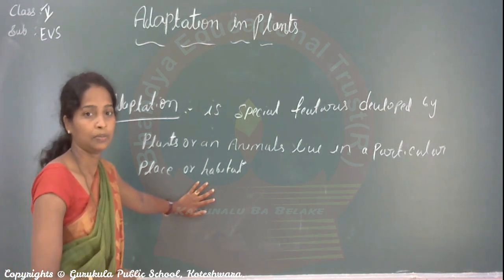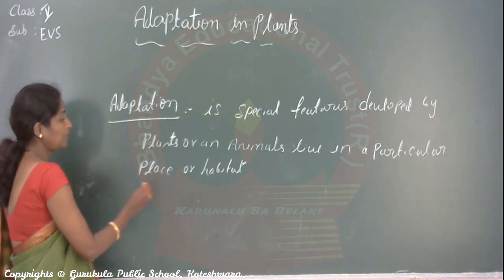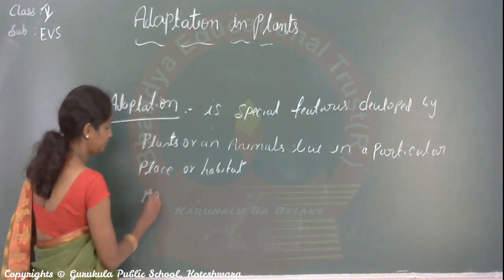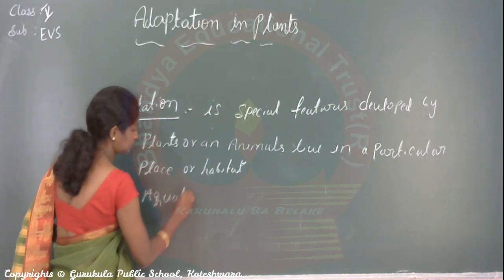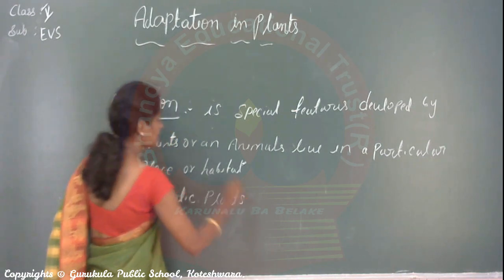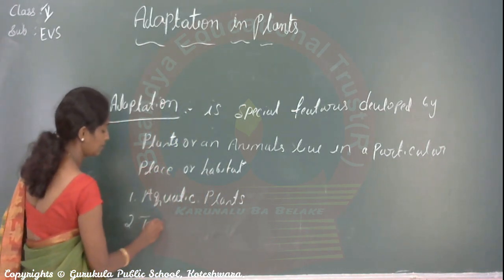Is it? Two types. One is aquatic plants. The second one is terrestrial plants.